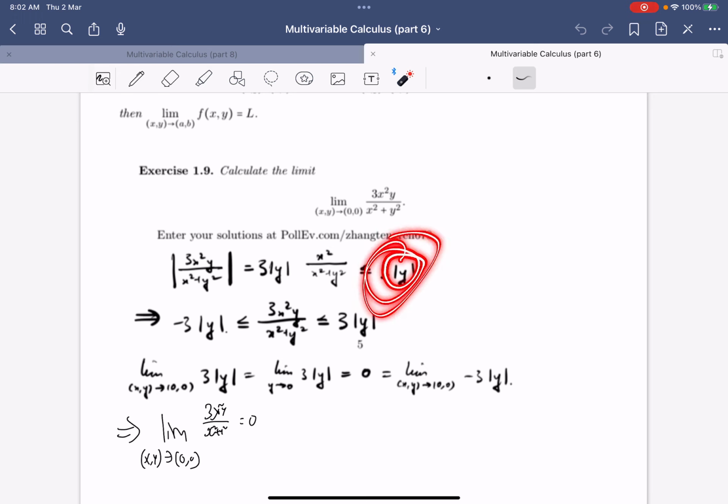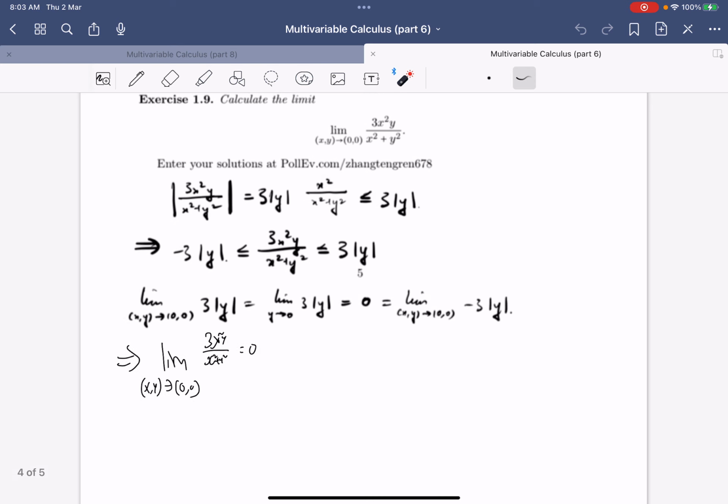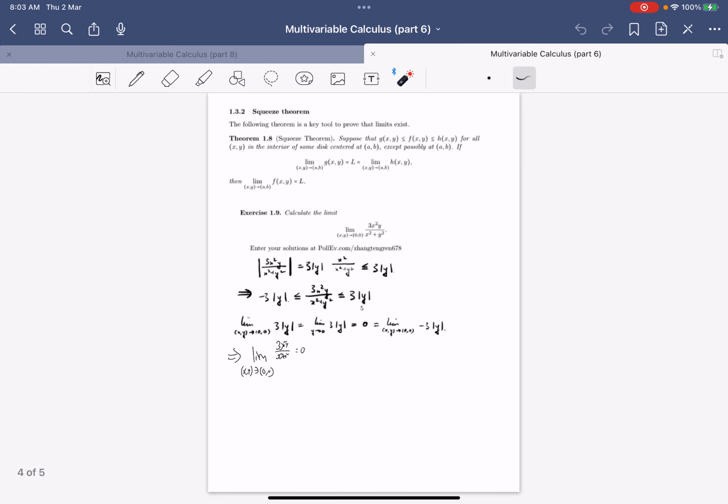But we know 3 mod y can be expanded out into minus 3y and 3y because this here is a modulus sign. And because both of these equal 0 as y goes to 0, this limit must be 0. So you can see how this helps us find an easier method to finding the limit of a function.